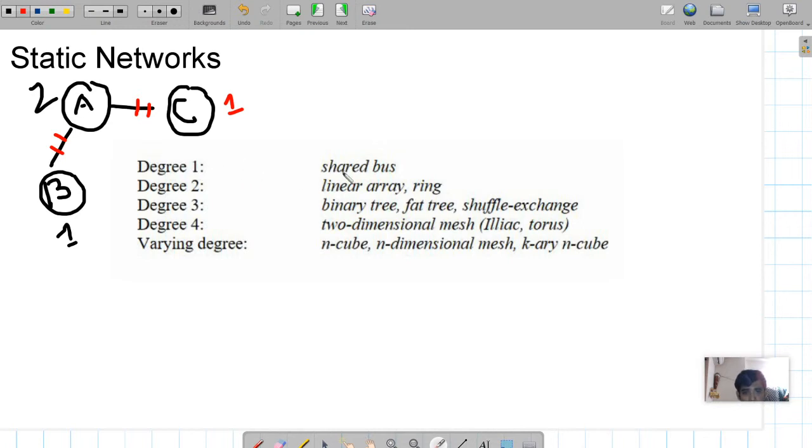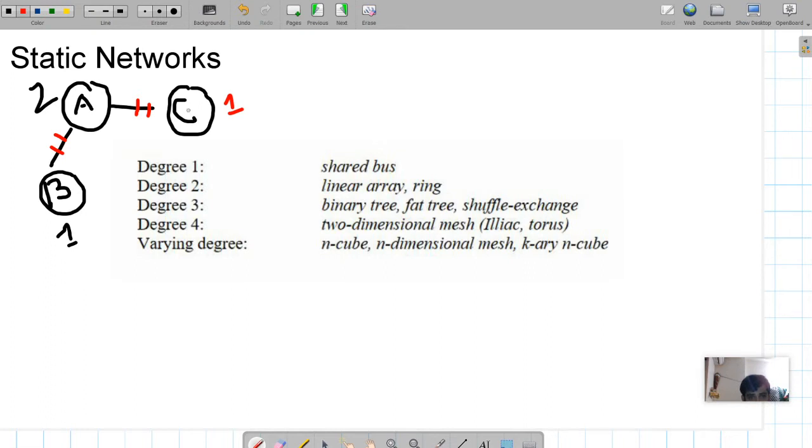As for example, shared bus network has degree of 1. Then if your network follows linear array or ring topology, then its degree is going to be 2. Binary tree. Binary tree means, roughly speaking, where a node has exactly 2 children.